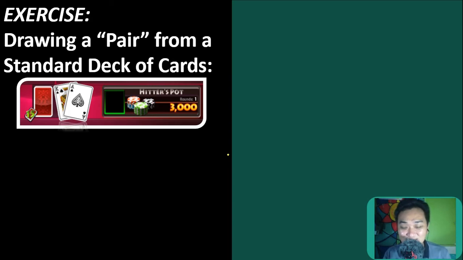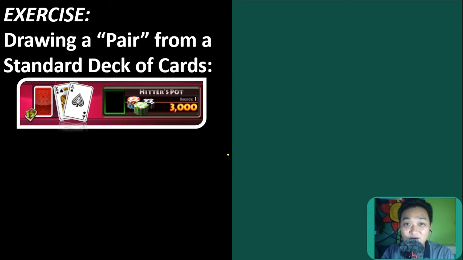Let us set to that agreement na kung paisa-isa mo siyang bubunutin, hindi mo siya ibabalik. Bubunot ka ulit ng pangalawang card mo without returning your first card, or for simplicity, bubunot ka ng 2 card to make a pair.